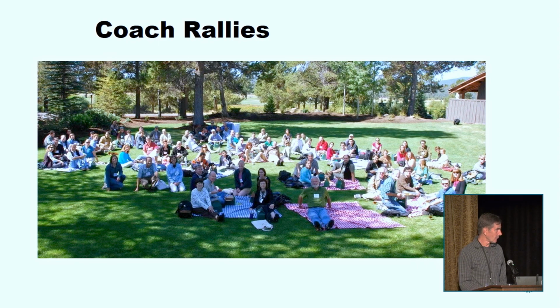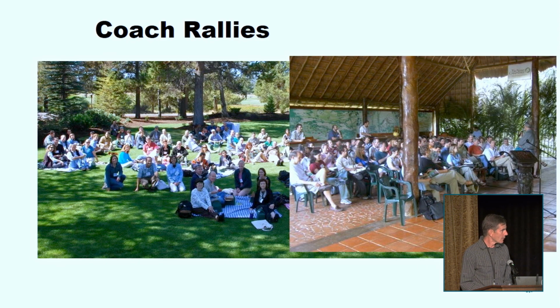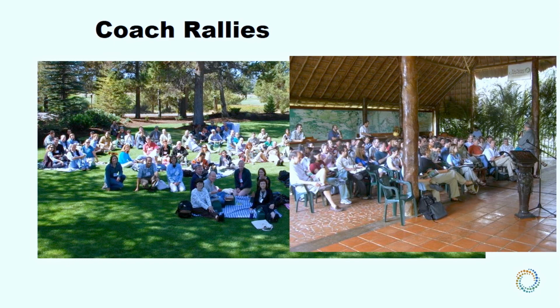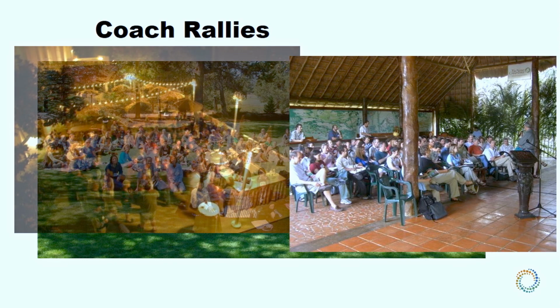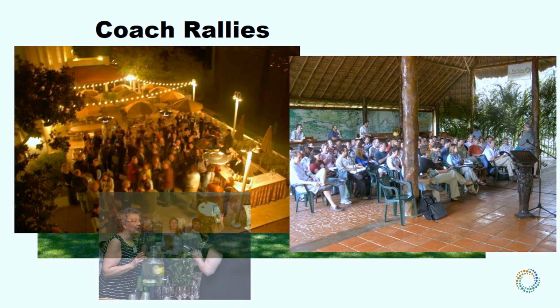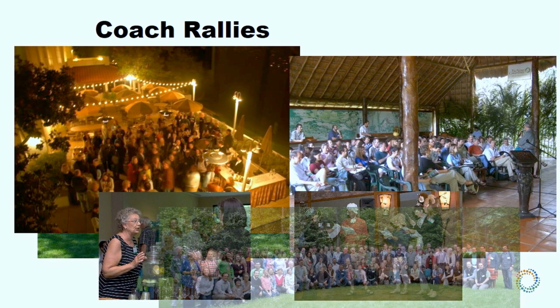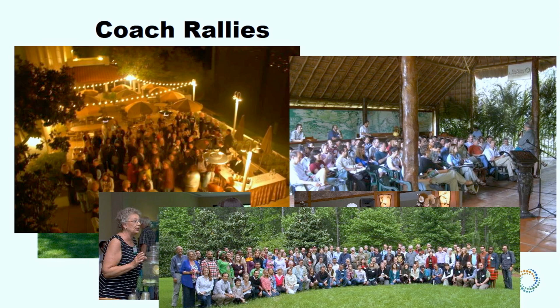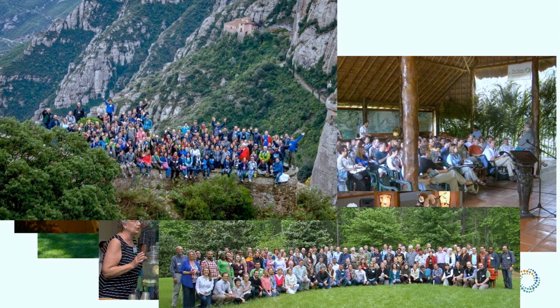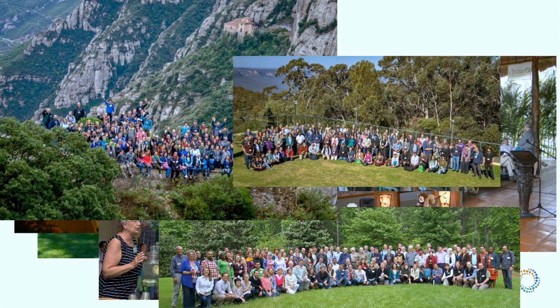So here, this is a picture from the Oregon rally. This is a picture from the rally in Mexico in Christina's backyard, and California, and some silly images from around different rallies. This is Atlanta, Georgia, and Barcelona, and the Blue Mountains in Australia.